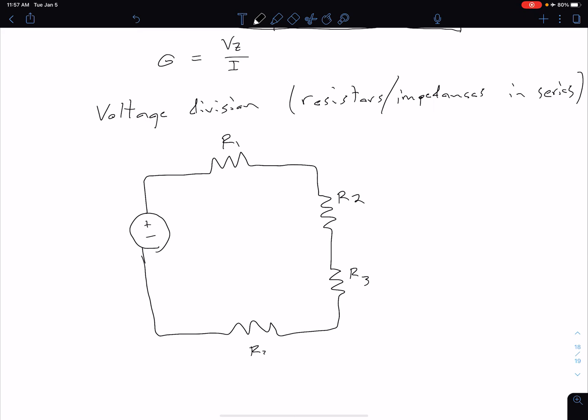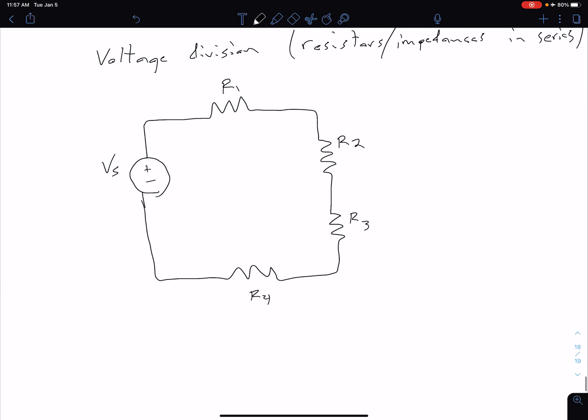Let's say we have a circuit with 4 resistors and some voltage source Vs. If we're interested in, let's say, voltage V3, by definition our voltage divider equation is going to say V3 is equal to the input voltage, which in this case is Vs, times some ratio. In the denominator of the ratio, we're going to have the sum of all the resistances in series.